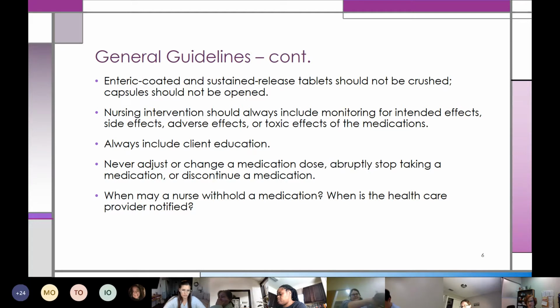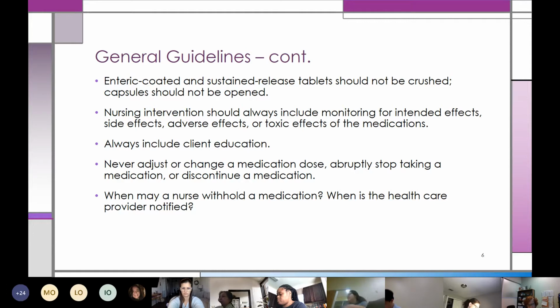It's usually in a capsule, or at least the product that we were using, and we had no choice but to open up that capsule and put it in some pudding or some applesauce for that patient. But just remember, in general, we should not be opening any capsules, okay?